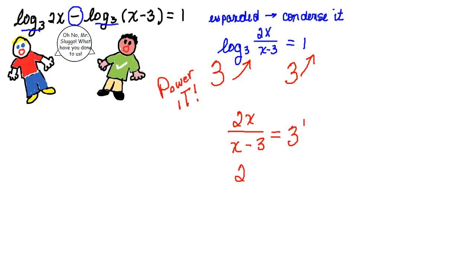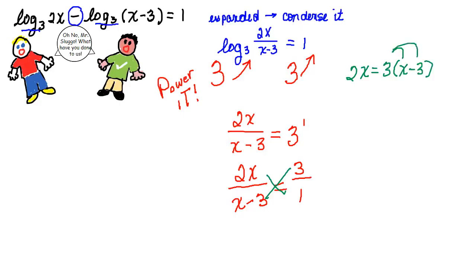Okay, so I can just see Mr. Bill over here having a spaz attack because he goes, "What do I do now, Mr. Bob?" And Mr. Bob says, "Well, Mrs. Washington always says a fraction equals a fraction. Let's cross multiply." So we have 2x equals 3 times the binomial, x minus 3.